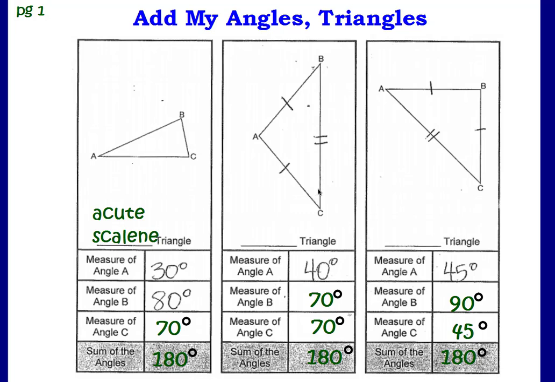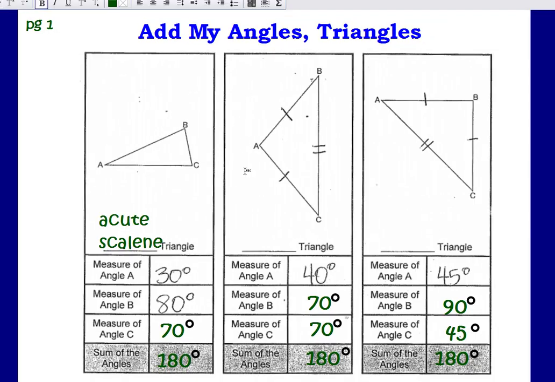That means my two angles total 140 degrees, so I have to divide that by 2, and each one is 70 degrees. All of my angles are acute, and because two sides are equal, this is an isosceles. So that's an acute isosceles triangle.